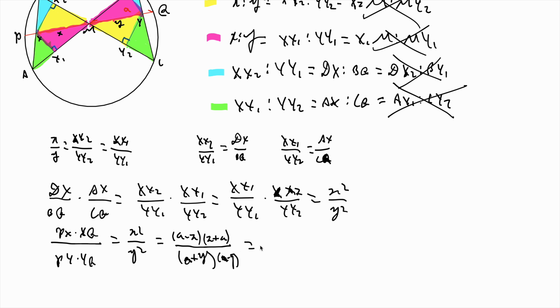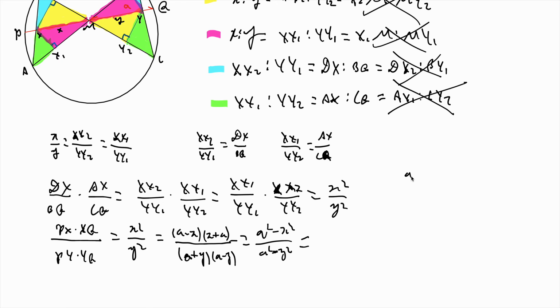This is equal to a squared minus x squared over a squared minus y squared. Okay, these are the same. So because we know that they are the same, let's add them. The property that I'm currently using right now is this one.